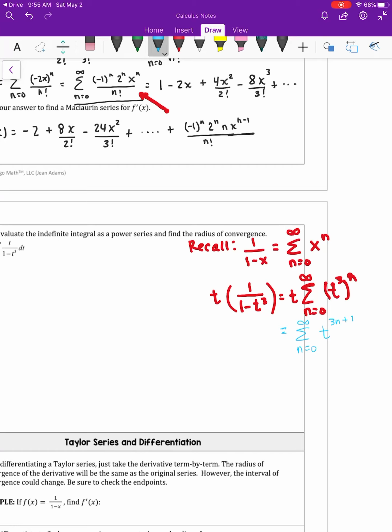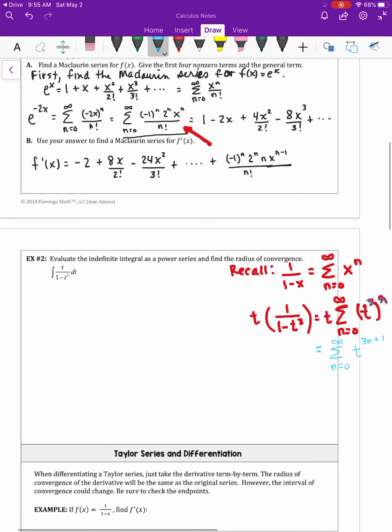So I'm going to bring that t inside, and this is going to end up t^(3n+1). Okay, so that was a 3 and that was an n. So I multiplied that, and then when I brought the t in, I had another t, so I added a plus 1 there. So now I know that I can actually integrate my summation.